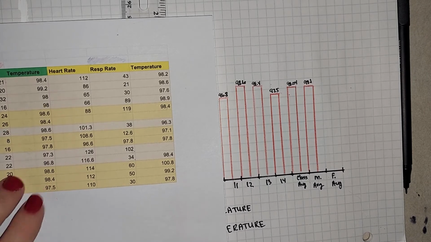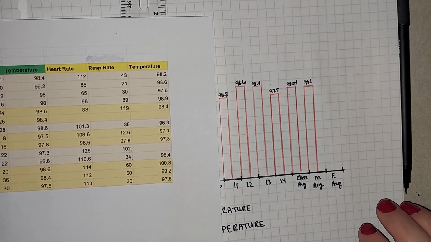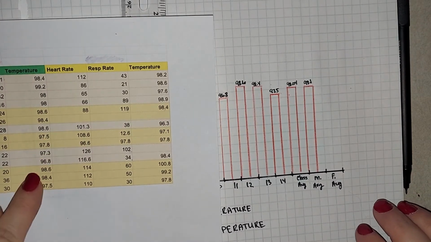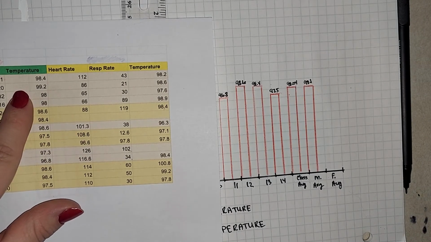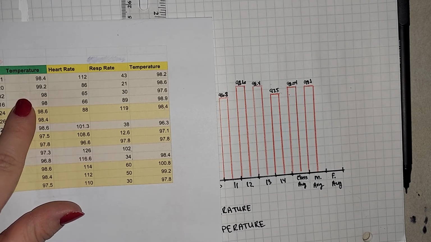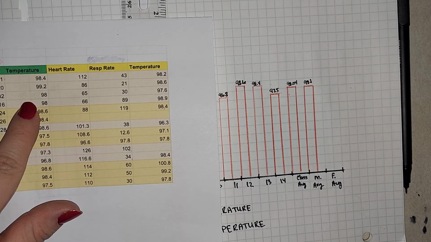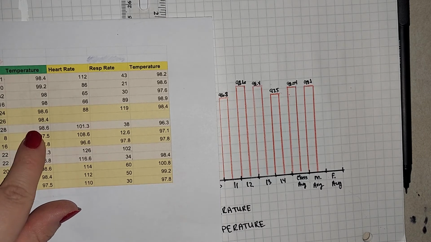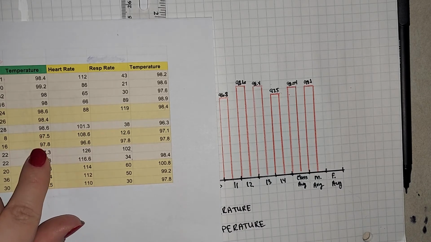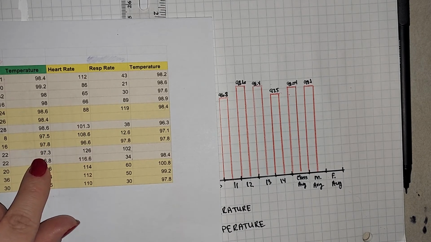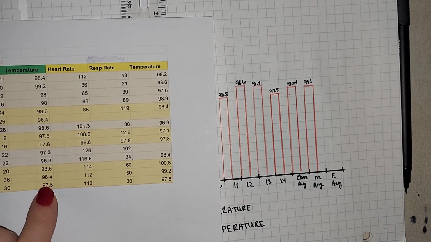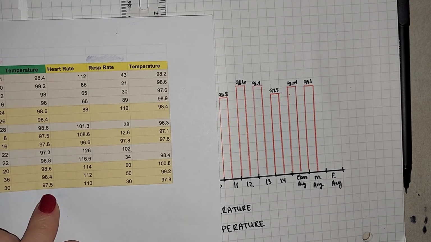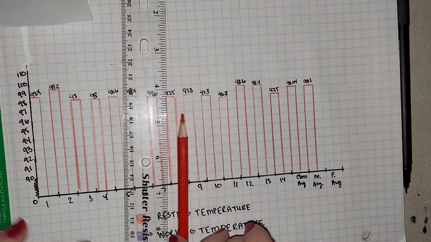Divide that by 7 gives us... not the right amount here. Calculator messed up here. 97.4, 99.2, 98 plus 98, 98.6. Might have missed the decimal point here because it gave me a number that was way too large. Divided by 7. That's better. 98 even.